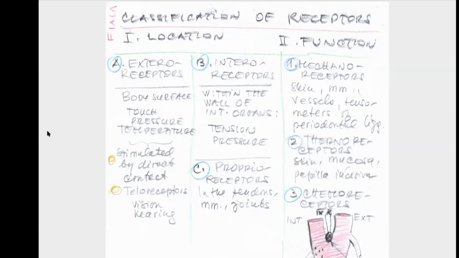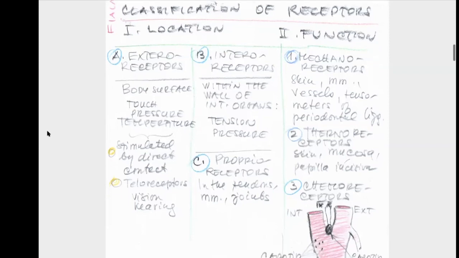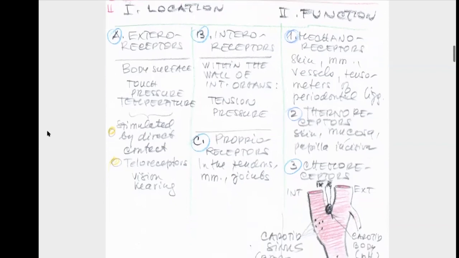They register pressure, touch, temperature, etc., and they are stimulated by direct contact. So they register, for instance, the pressure in our palm or in our face or in mucosa. They are also called teloreceptors, which are typical examples of the specialized organs of hearing and vision. We will explain them together with the pathways, such as the visual pathway or the pathway of hearing.